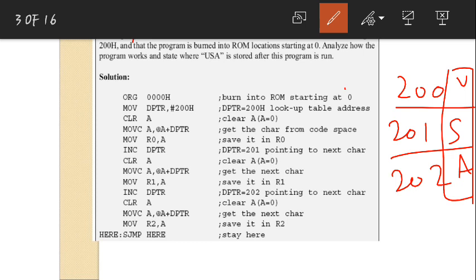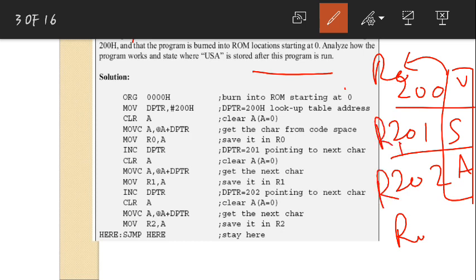Now these three characters I need to send somewhere. They didn't mention where I need to store them, so I can store them anywhere I want. In this program, U has been stored in R0, S in R1, and A in R2.